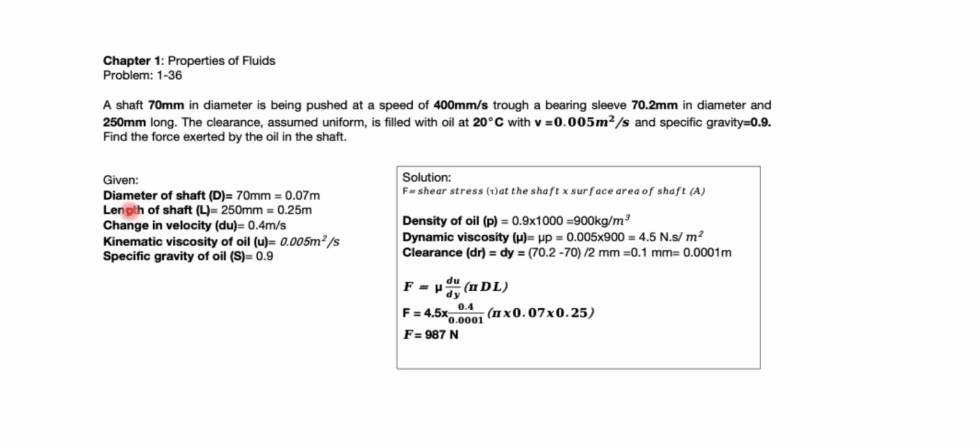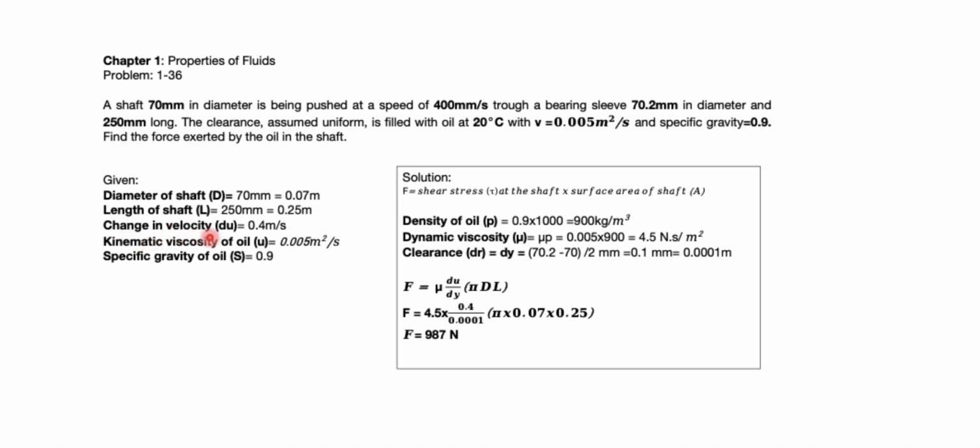So we have diameter of the shaft, D, is equals to 70 millimeter, and converting it into meter by dividing it by 1000, so we have 0.07. Length of shaft, L, is equals to 250 millimeter, and dividing it also by 1000 to convert into meter, we have 0.25.